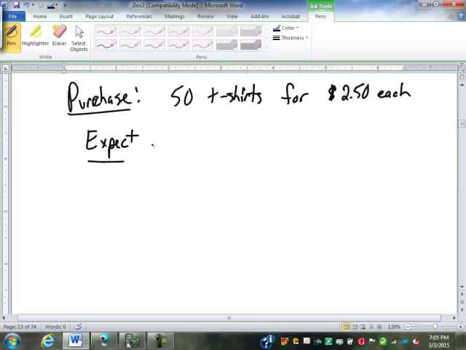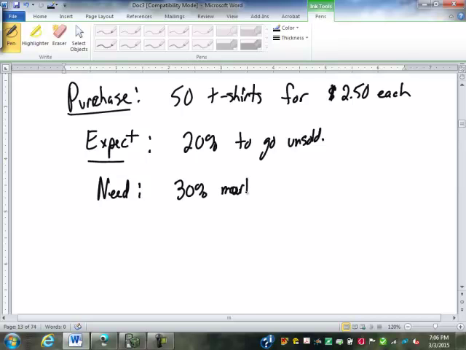You figure, okay, you expect 20% to go unsold. You have to pull them off the racks and donate them to a thrift store or something. You need to achieve, to break even, a 30% markup on cost.